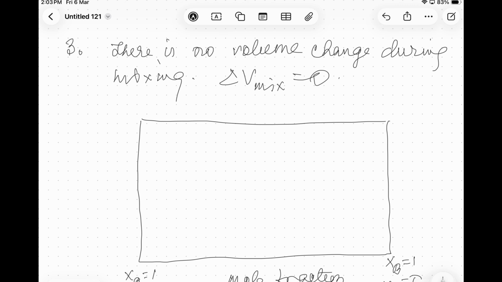Vapor pressure increases above, means PA0 and PB0.